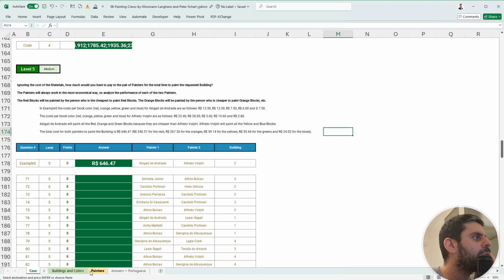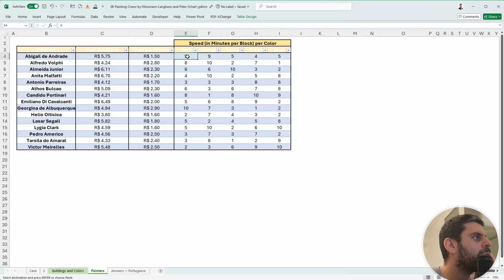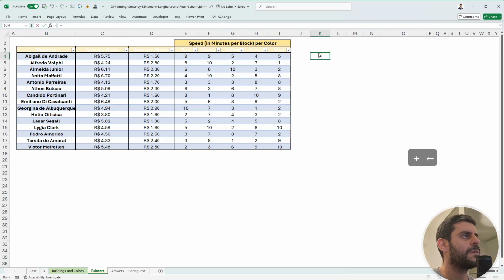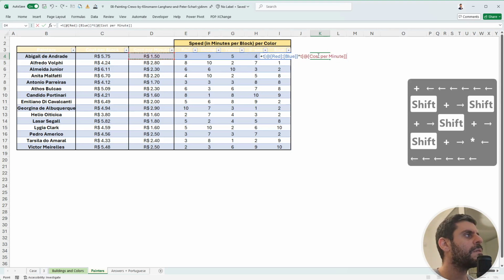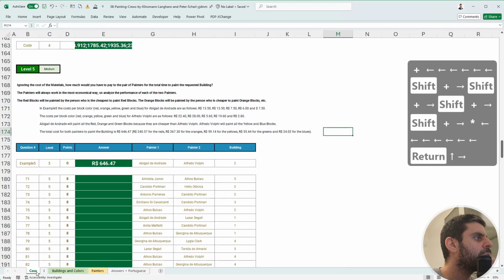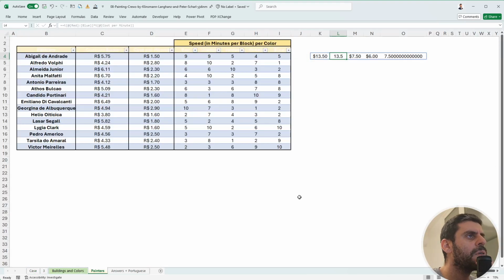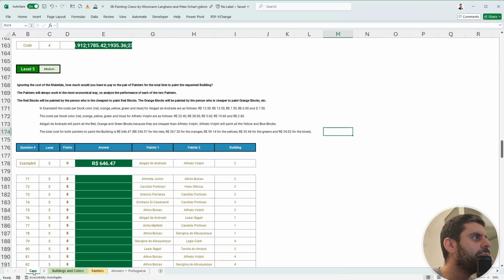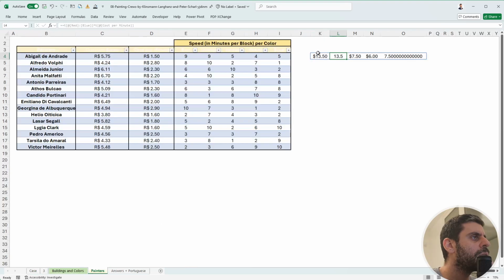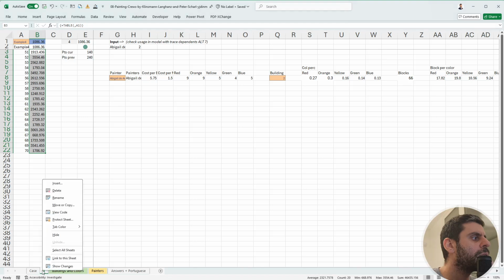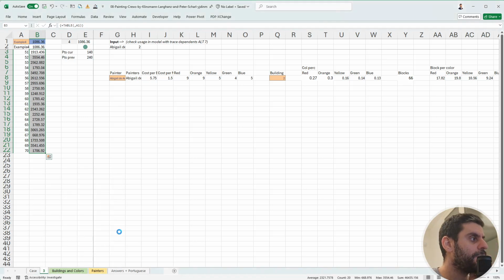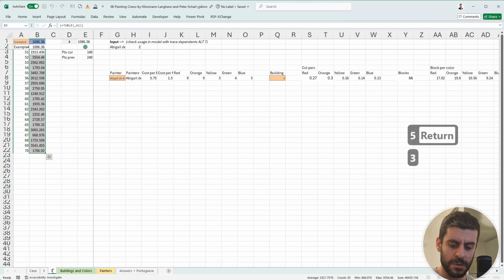Cost per block color, 1350. Is this? Okay, makes sense. So this is 5. This is 3 and 4.